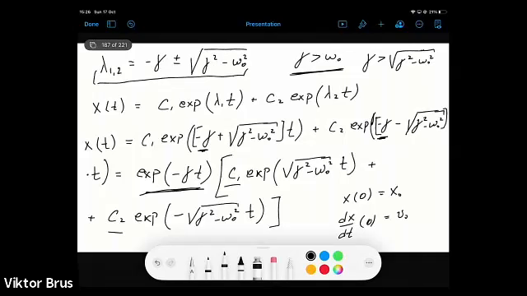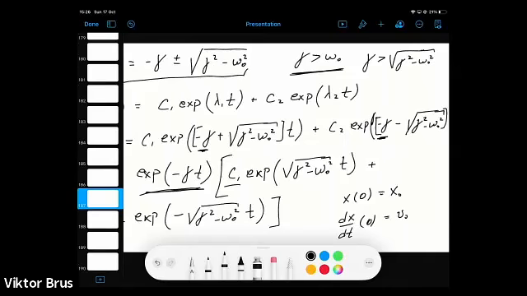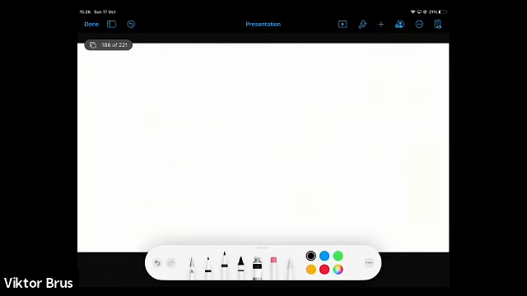So now let us go to a more interesting case, which is a bit more complicated, but definitely more interesting. And that is the underdamped case. So in this case, gamma will be smaller than omega naught.